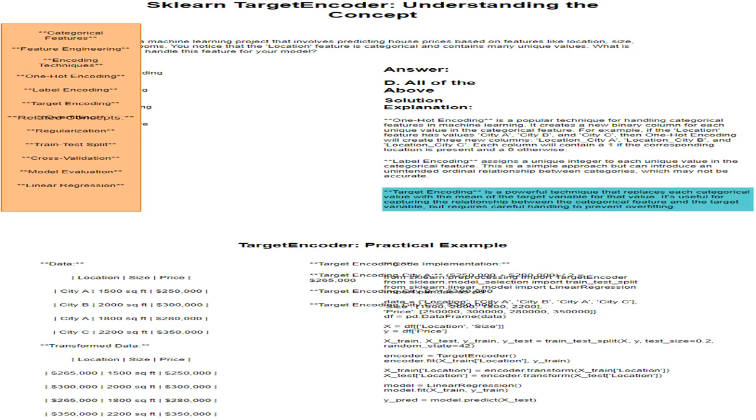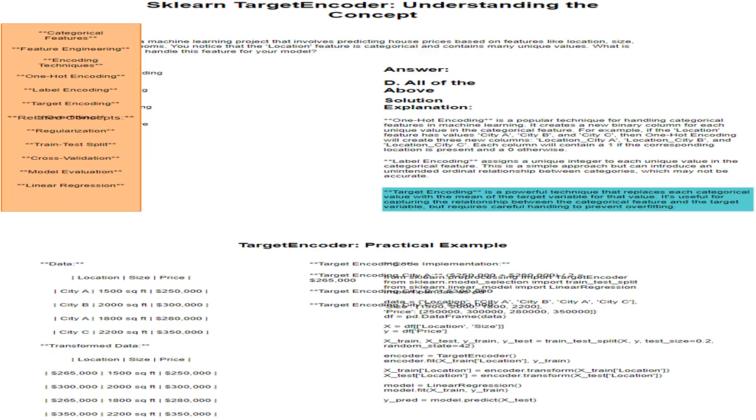It allows you to capture complex relationships in the data that might not be apparent from raw features. You can create a new feature called size of bedroom by dividing the size feature by the number of bedrooms feature. This new feature might be a better predictor of house prices than the original features.